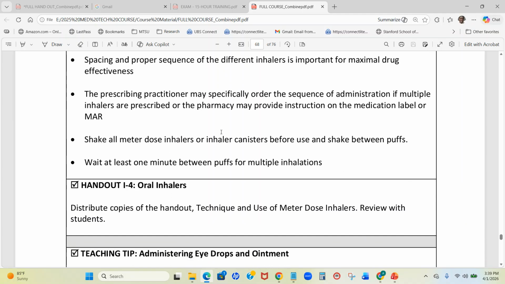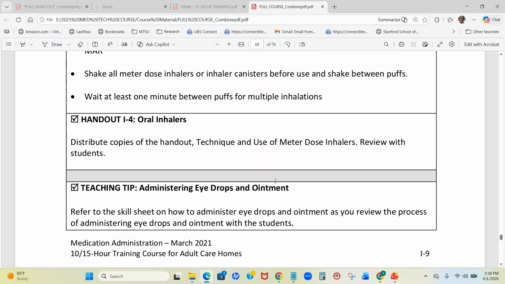So sometimes it says give 5 minutes interval, shake all metered dose inhalers before use, and shake between puffs. Okay, you shake it between puffs. So when we meet, you will demonstrate with the puffs and you do the shaking too. Wait at least 1 minute between puffs for multiple inhalations.